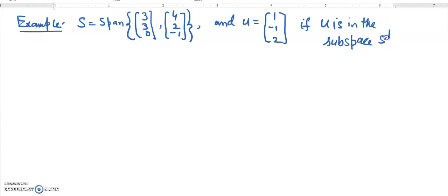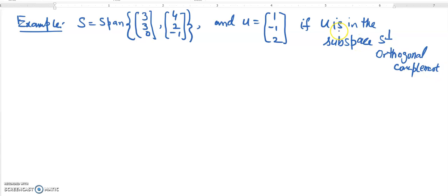S perpendicular is the symbol for the orthogonal complement.